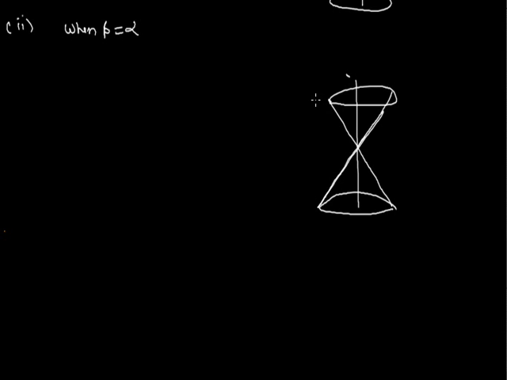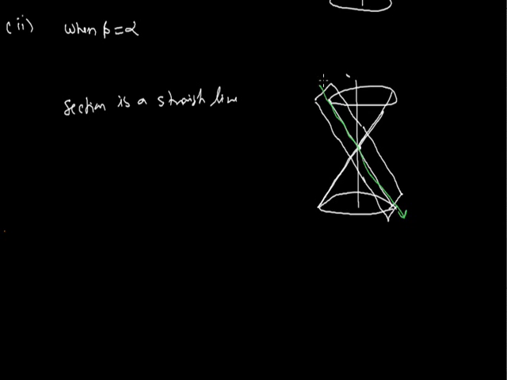Beta is exactly equal to alpha, which means the plane exactly overlaps the line L. So the plane contains the line M, and the section is a straight line, because the plane contains the line M, which is the generator.